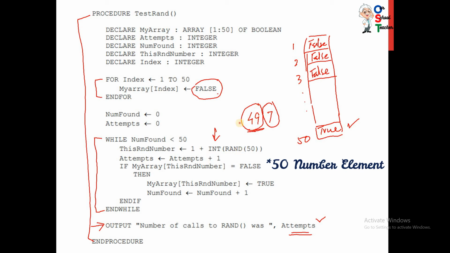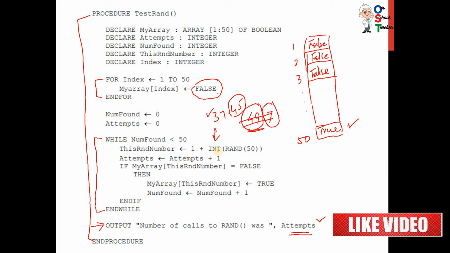For example, this time if it generates 37.45, then this part will be truncated, and only 37, because of int, will be the output of this function. 37 plus 1, 38.